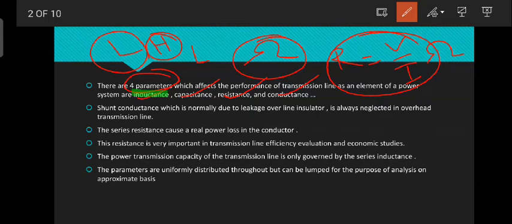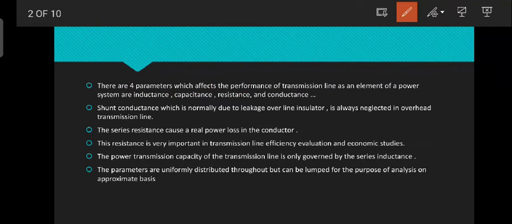If we want to find the voltage across an inductance, V_L is equal to L di by dt. This is the formula, and the inductance stores the energy in a magnetic field. The structure of an inductance is like that.